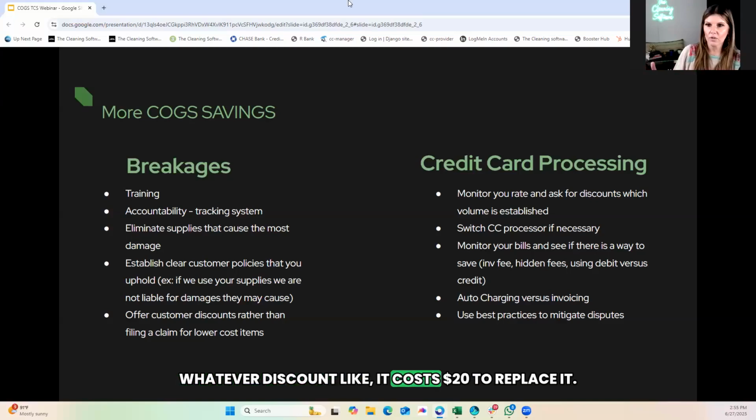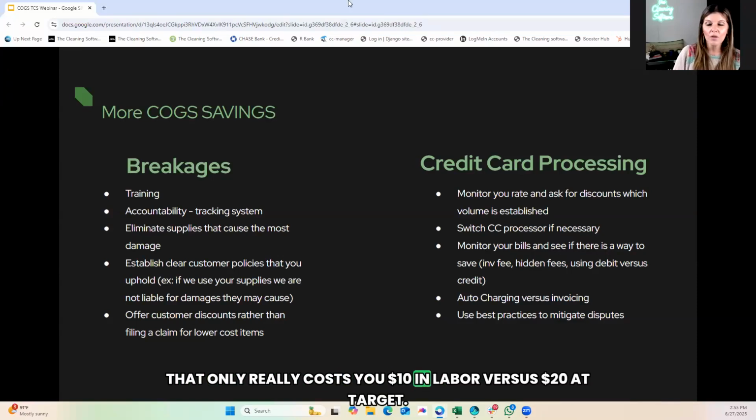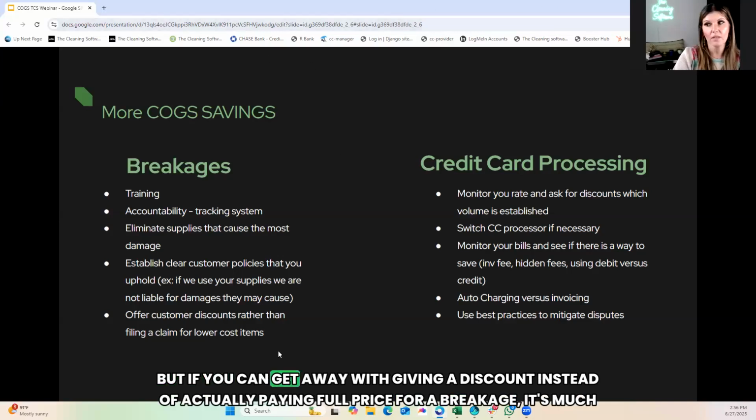Oh, it costs $20 to replace it. Well, I'm going to take $20 off your next cleaning. Guess what? That only really costs you $10 in labor versus $20 at Target. Now the bigger ones, maybe not so much. Depends. But if you can get away with giving a discount instead of actually paying full price for a breakage, it's much better on you.